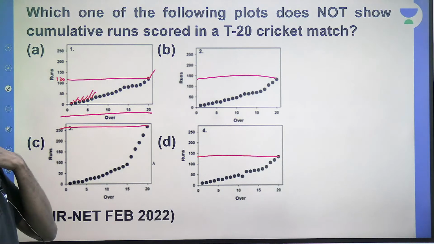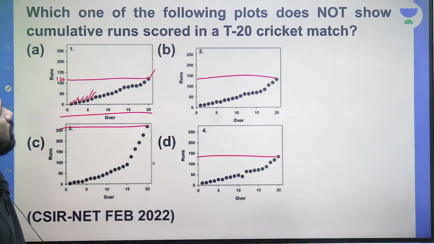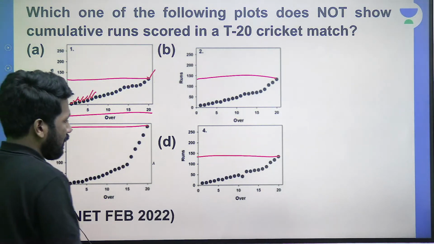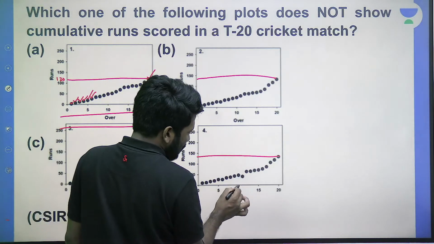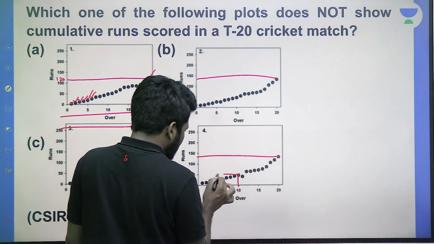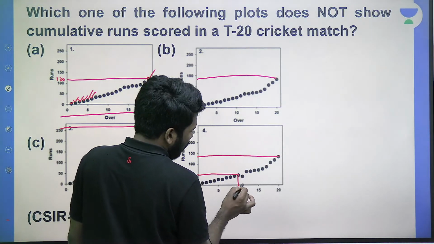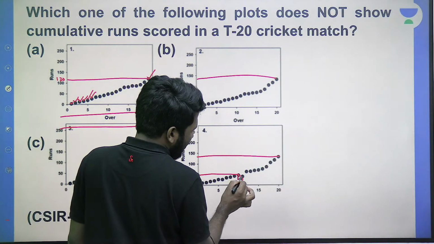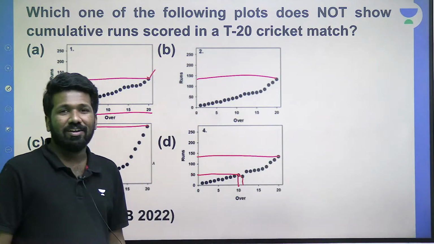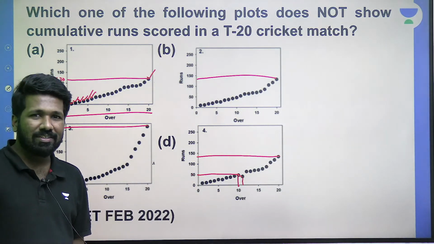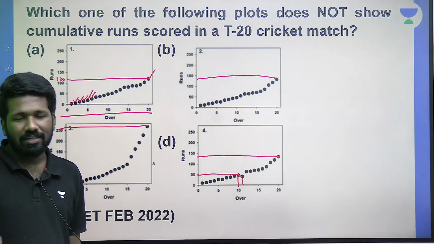That all is fine, but the question is asking which of the following is not possible. That is actually this graph, because look at this, on the 10th over whatever runs were there, maybe it is 50. On the 11th over the total runs decreased. Total runs cannot decrease. Cumulative runs are not runs in an over, that can change.